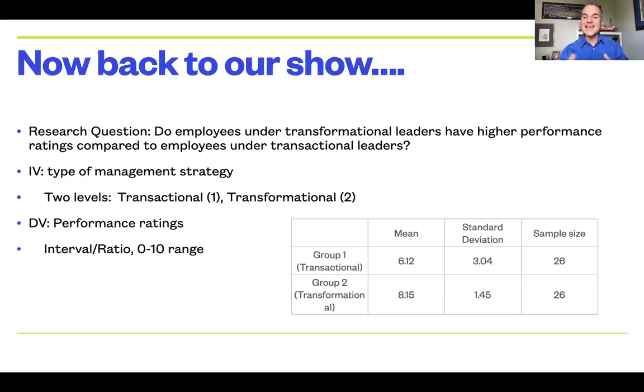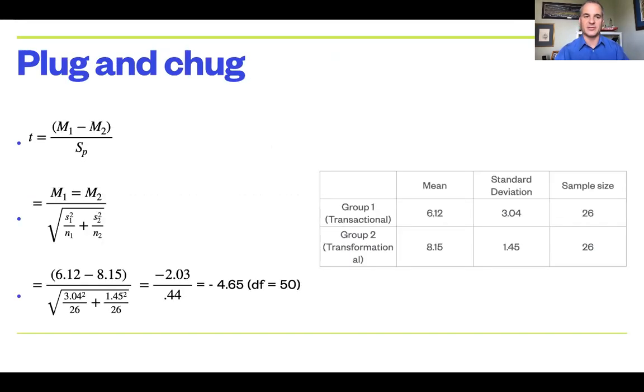So we take these 6 numbers and we can put them into our t-statistic and come up with an answer about whether 6.12 and 8.15 are so different from each other that we can say there is a systematic difference here. Now remember, this is a directional theoretical hypothesis, that transformational leaders should have a higher mean than transactional leaders. But we're going to test it using a two-tailed test because it is more conservative.